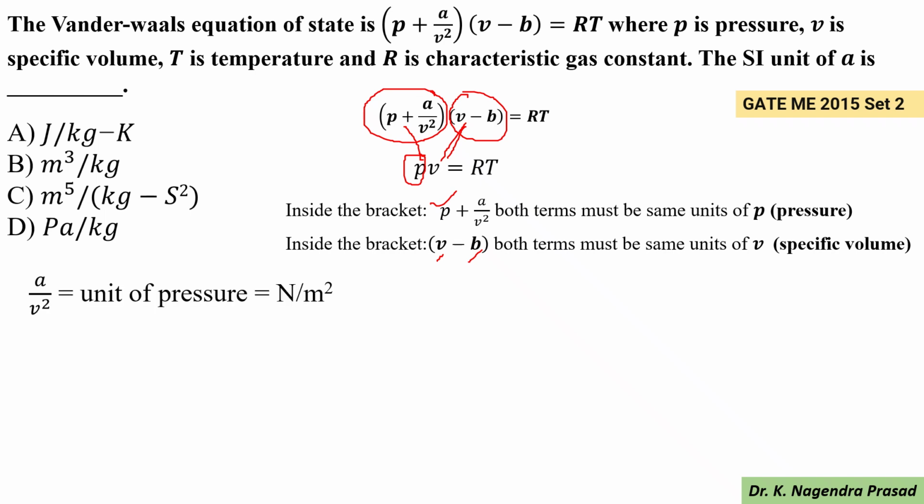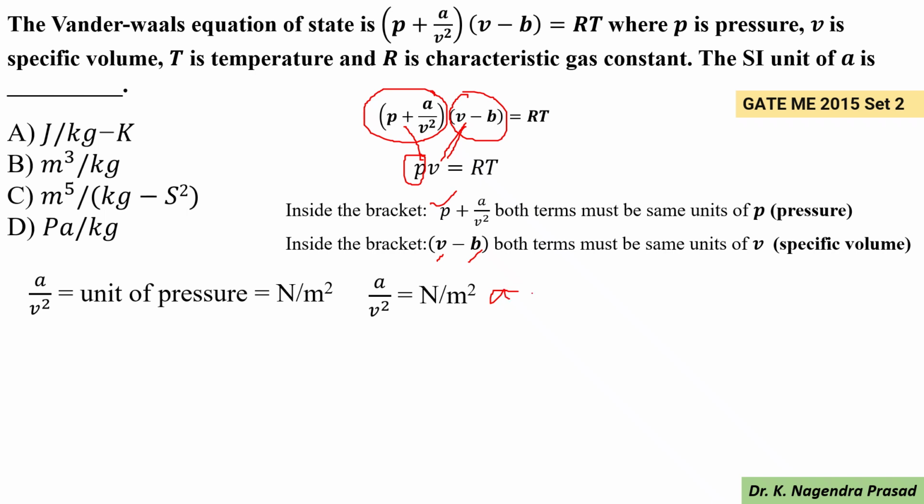So P and a by v square have the same units, that is the units of pressure. Then a by v square equals the unit of pressure, which is Newton per meter square.